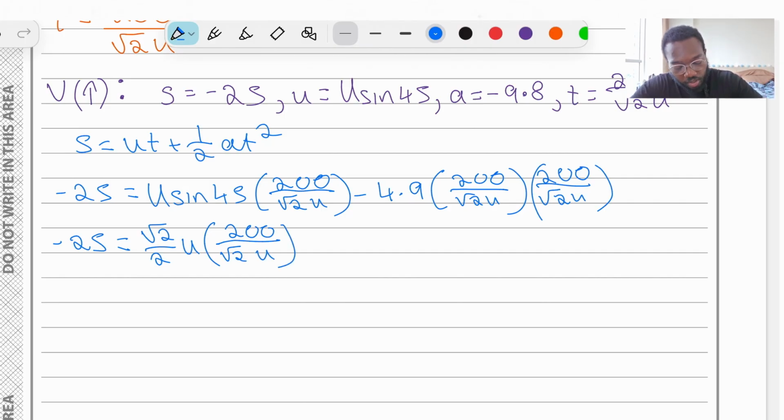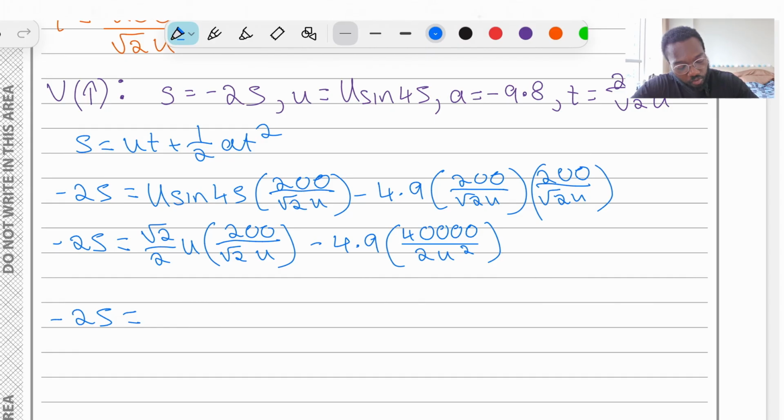And then for this one here, if we actually work this value out now, we get 4.9. Then we get 200 times 200, so that's going to be a 4, then we have 4 zeros, so 0, 0, 0, 0, so that's 40,000. And then we get root 2u times root 2u, so that'll be 2u squared. And then we get minus 25.